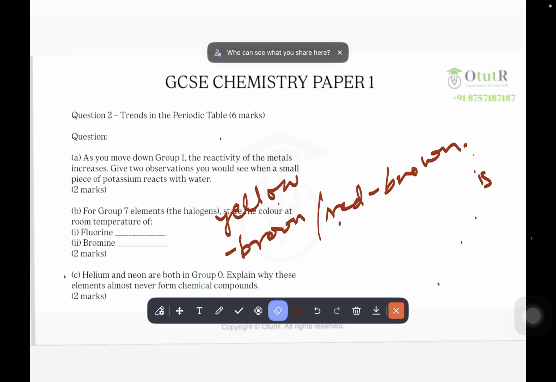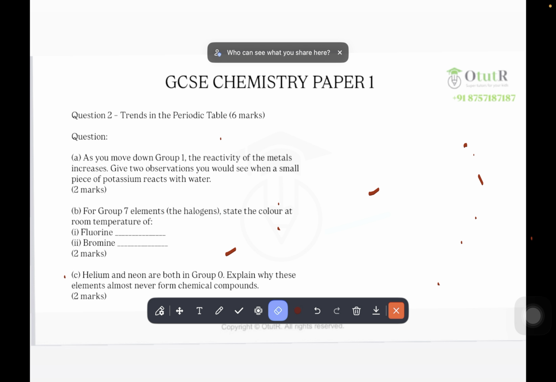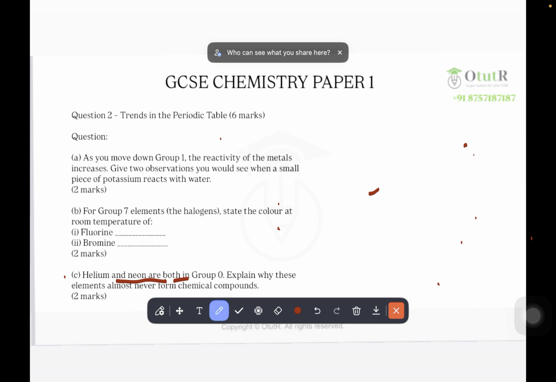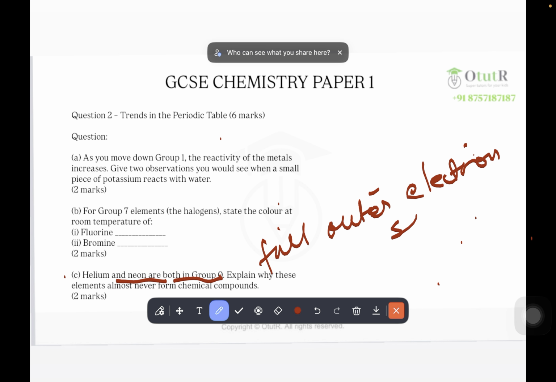Next, helium and neon are both in group 0. Explain why these elements almost never form chemical compounds. Group 0 elements, what do they have? They have a full outer electron shell.